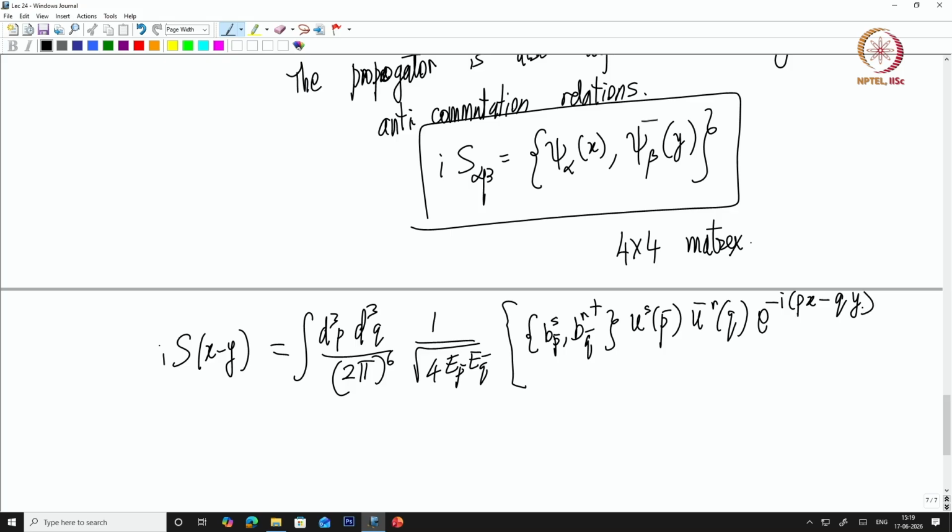Okay, this, and the second term would be with the v spinors and c ladder operators.